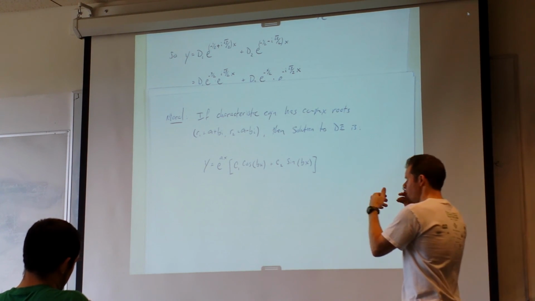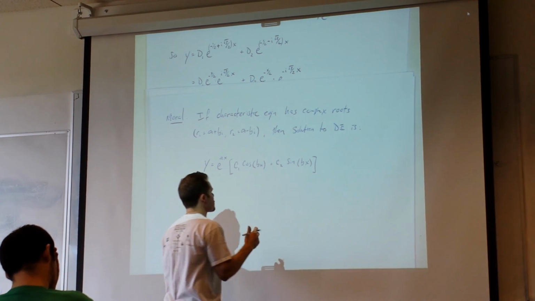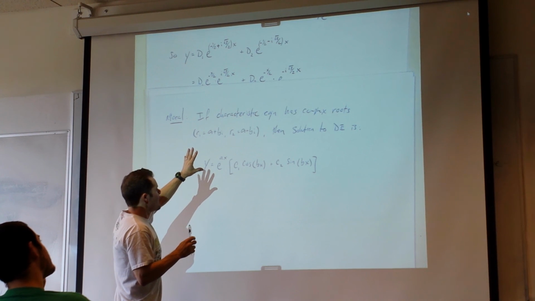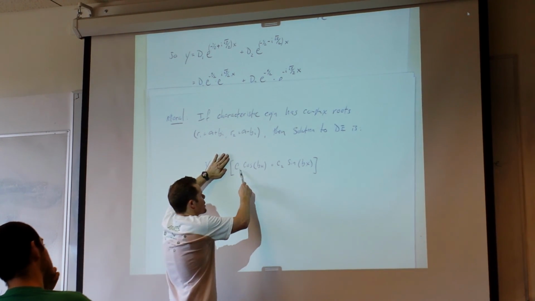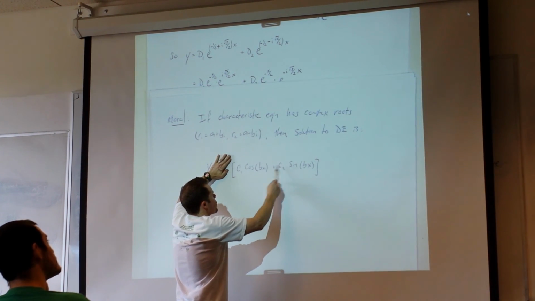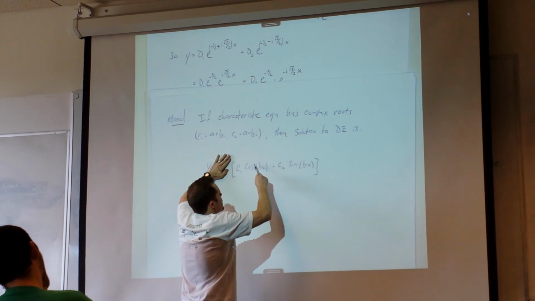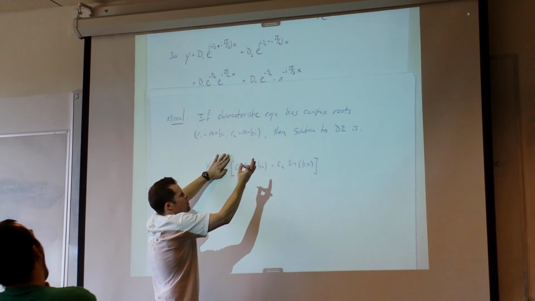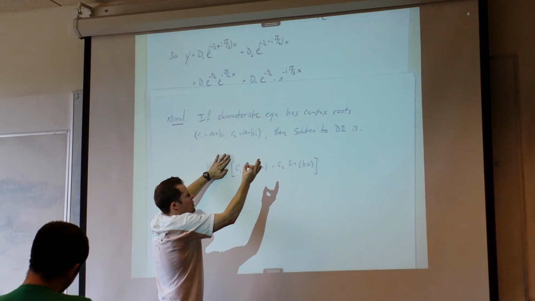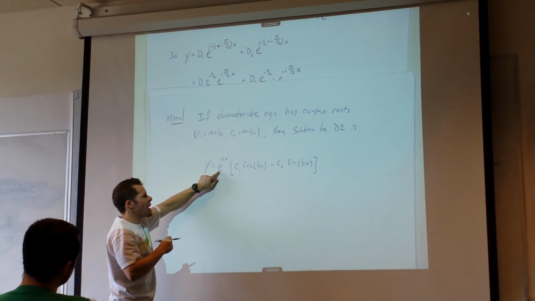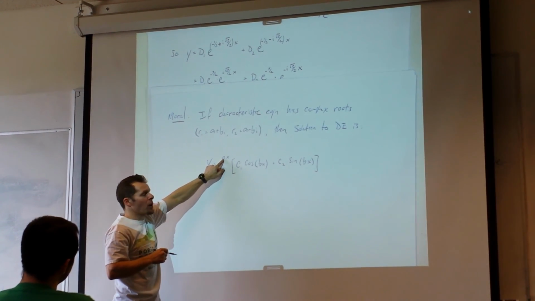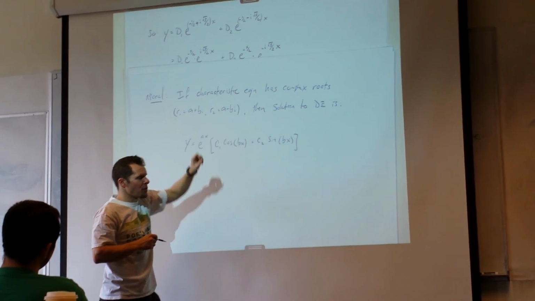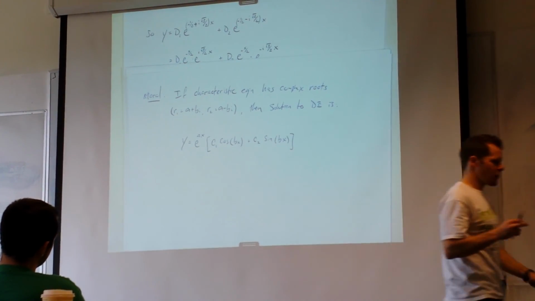So even when they're complex, end result of the story, you do get something of the form linear combination of sine and cosine, but there'll be some b in here. And if you get a complex conjugate, if they're pure complex numbers, you have this e to the ax factor out front, where that comes from the real part of the solution of the characteristic equation.